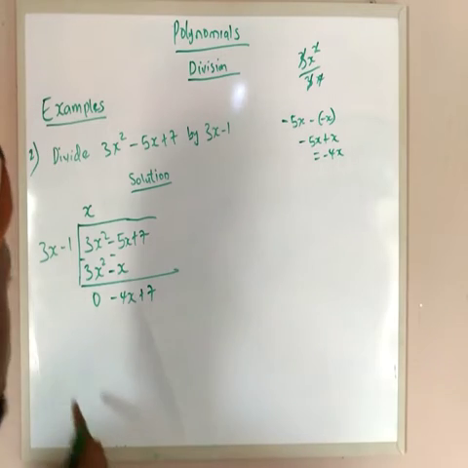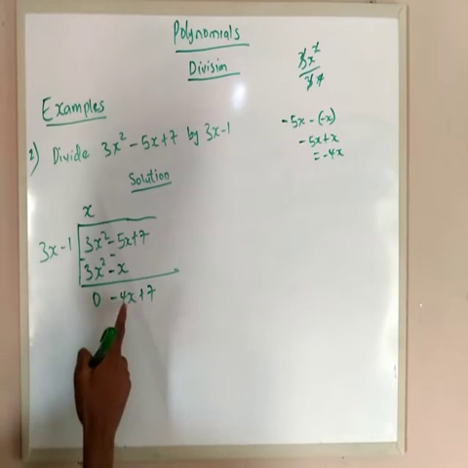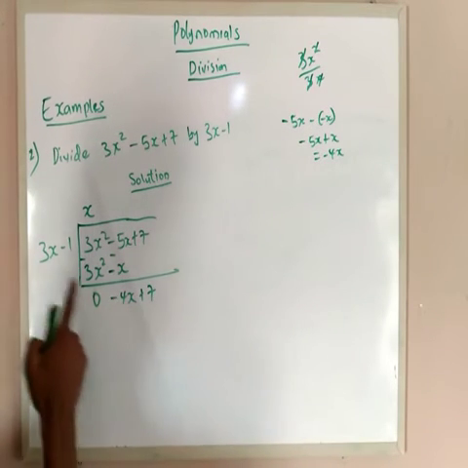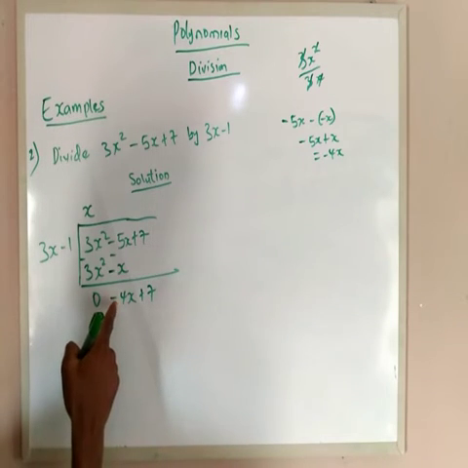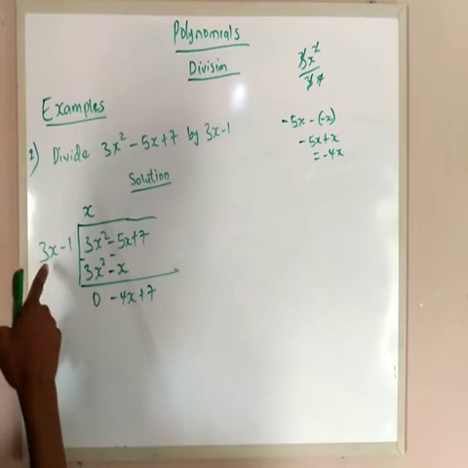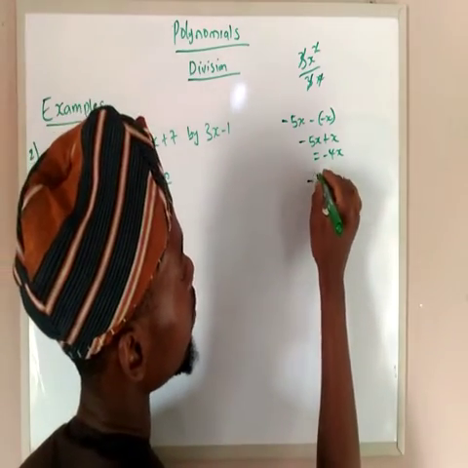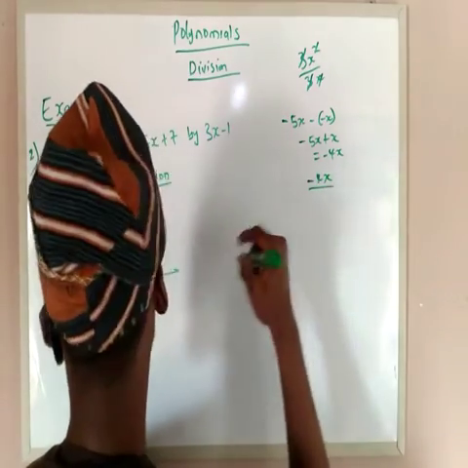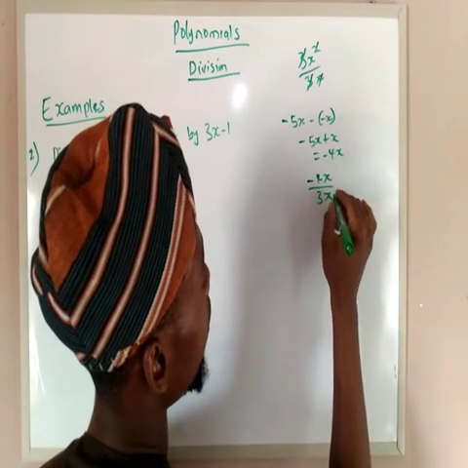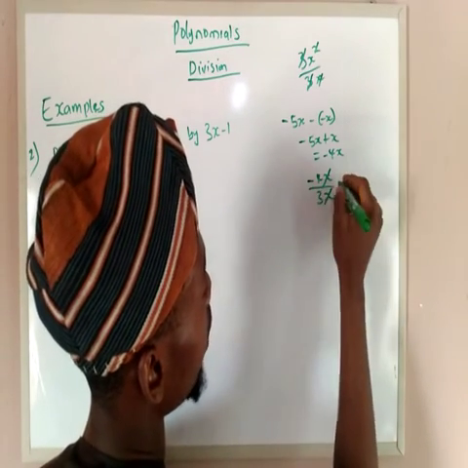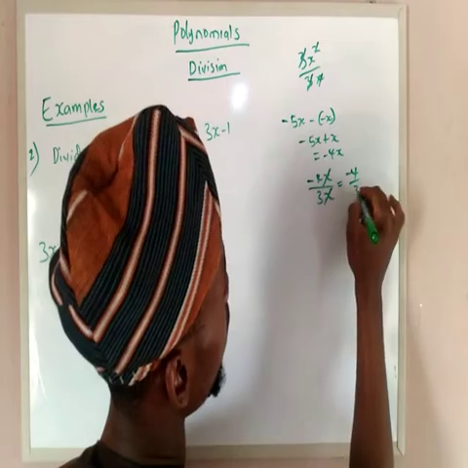Now, the next step will be to divide the answer we have here by this. Minus 4x divided by 3x. x will cancel x and we are left with minus 4 over 3.